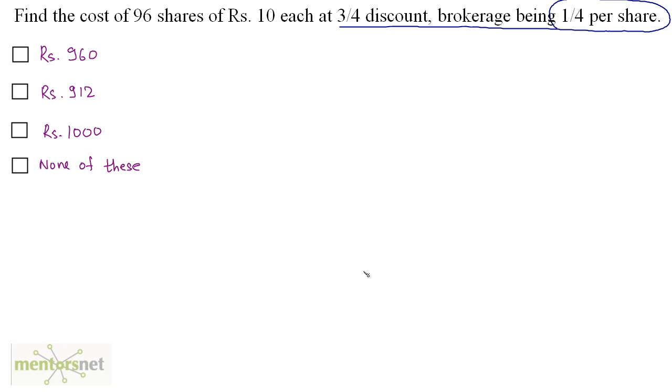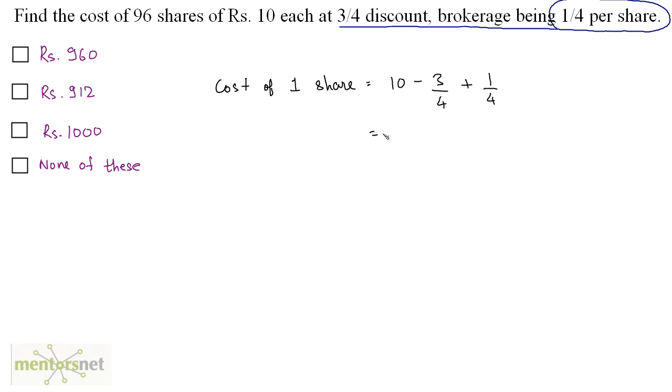Many a times discounts and brokerage are given in percentage, but here it is given per share, right? So you need to solve it on per share basis. So I can write cost of one share is equals to its face value, that's 10. We subtract the discount, minus 3/4, and we add the brokerage, so plus 1/4.